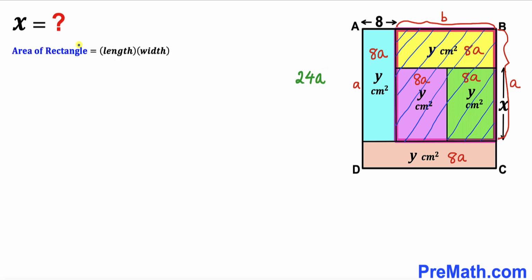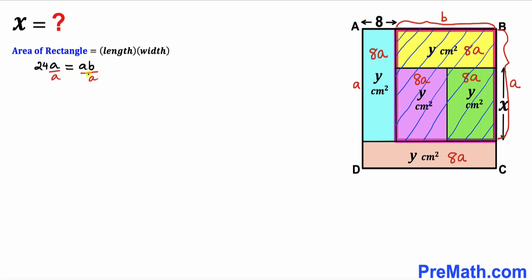And now let's recall once again the area of rectangle formula. Area equals length times width. And for this shaded rectangle, its area is 24 times a. So I'm going to write it down: 24 times a equals, here our length and width are a and b, so I'm going to write down a times b.